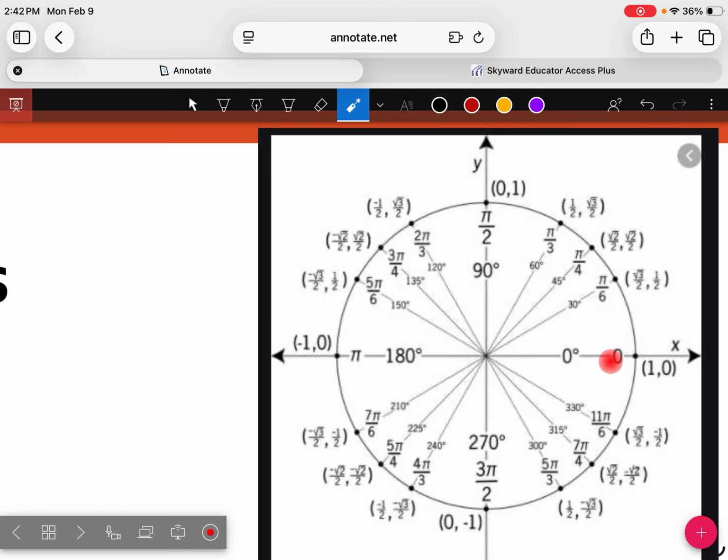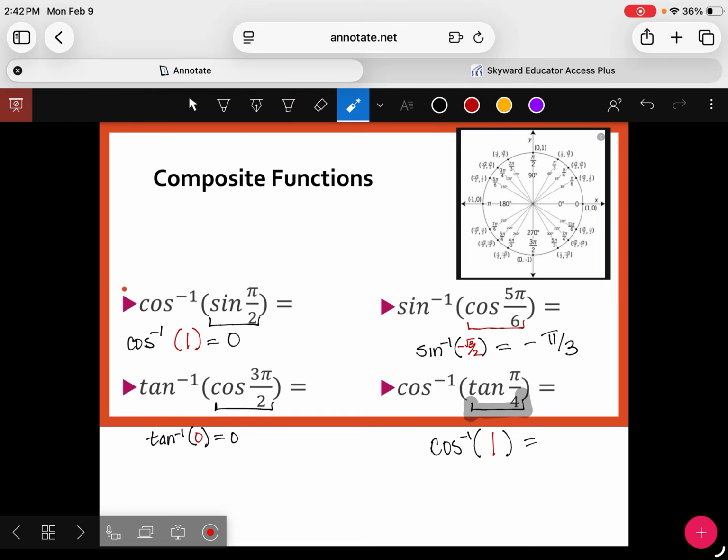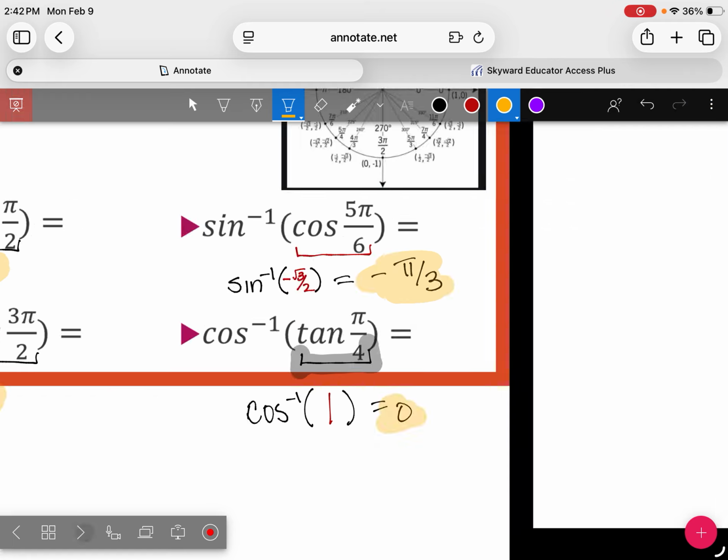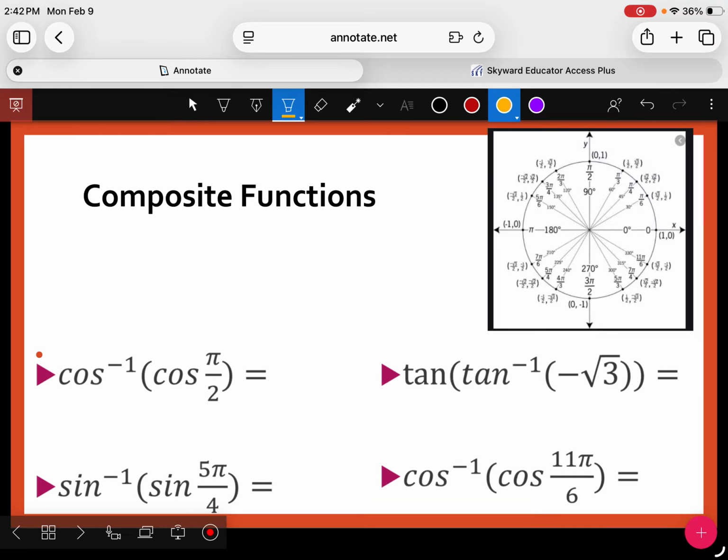So my answer is 0. So these are my final answers. We had a lot of zeros. Okay. Now let's move forward to a few more inverse questions. We're going to do it the exact same way.